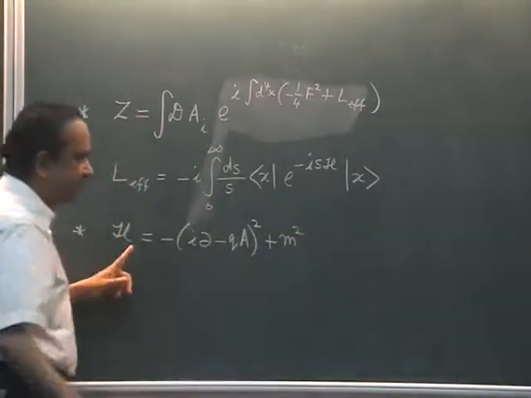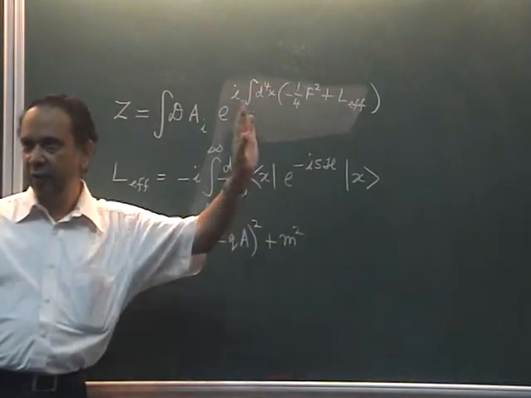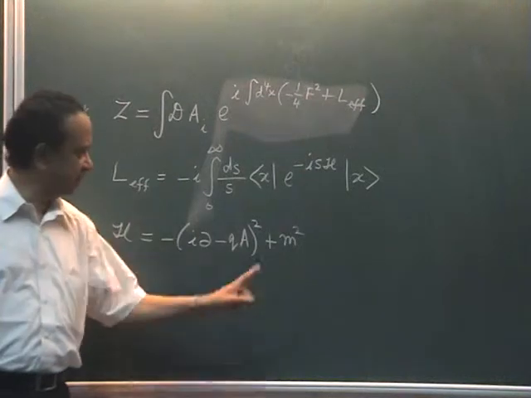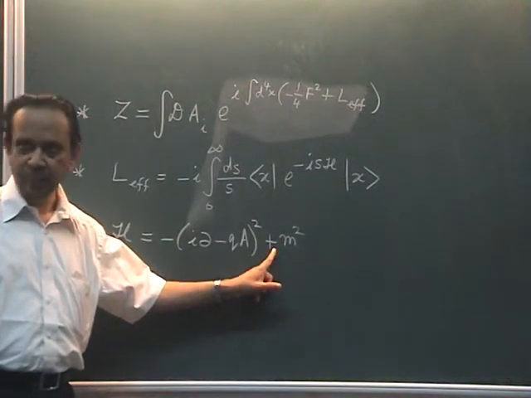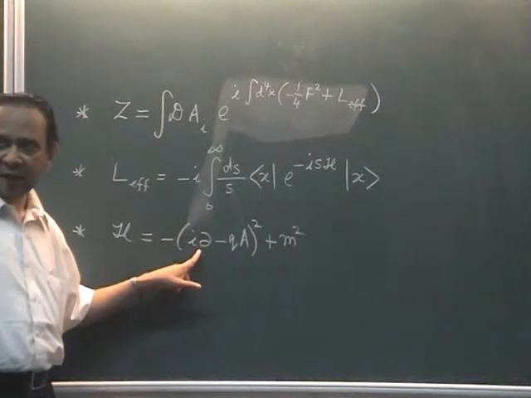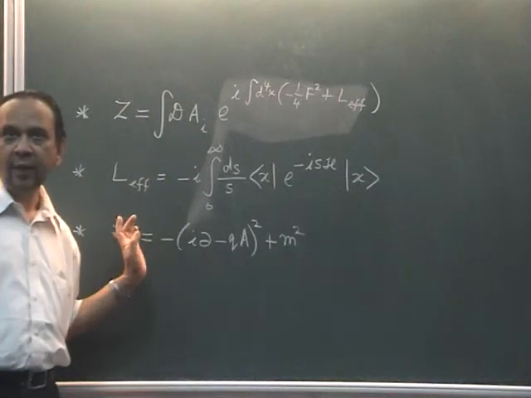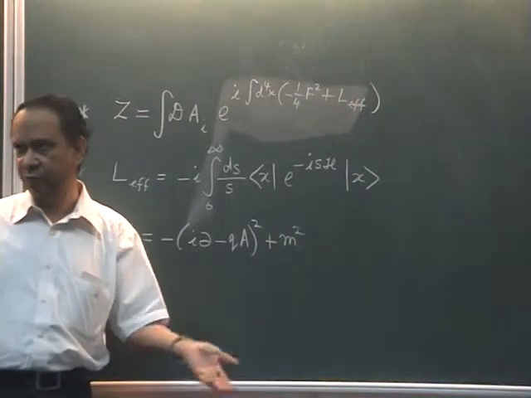So let us just check the signs. You should always have an e to the minus s m square because that is there even in a free particle. So this m square should come with a positive sign. Then if q is not there, this is going to give me a minus del square. So along with it, this will give you a plus del square. So the Hamiltonian operator will become box plus m square.